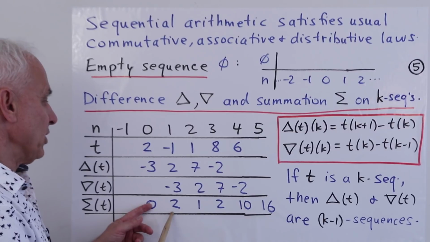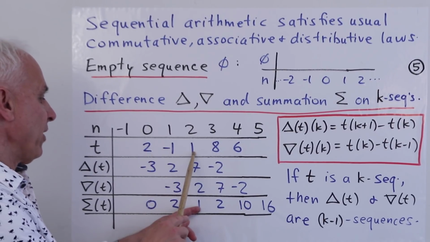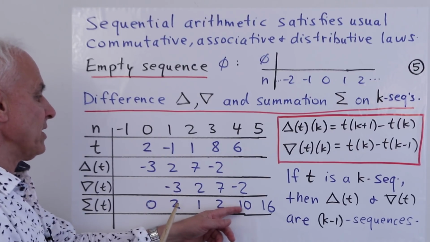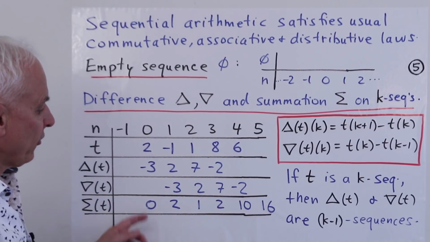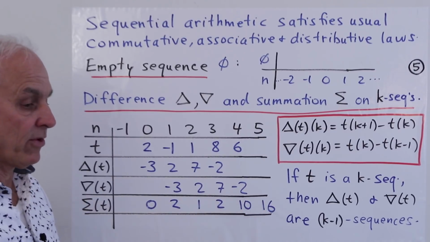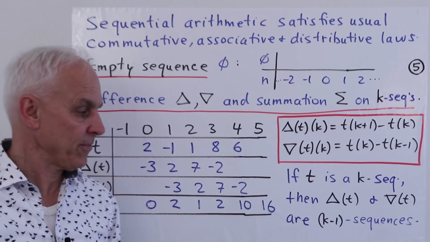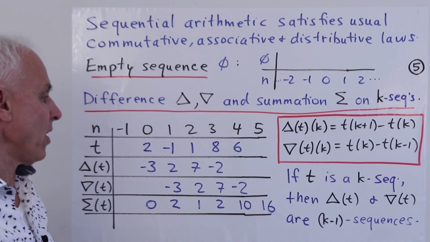So the next one will be 2, and then 2 plus minus 1 is 1, and then 2 plus minus 1 plus 1 is 2, and then all of these together is going to be 10, and then 16. So we end up going a little bit further than the original sequence, which is typical of what we get when we take the summation of a sequence. We're starting with 0 and going one beyond what we've got.